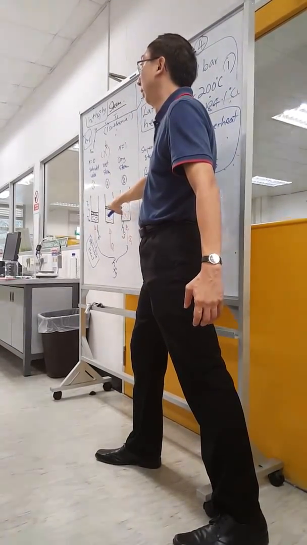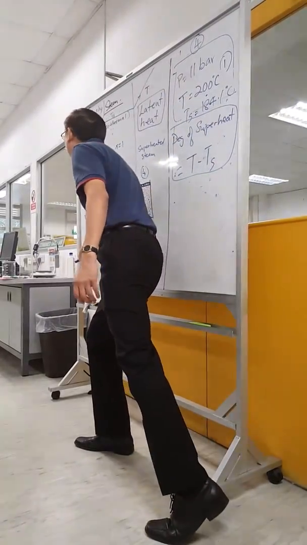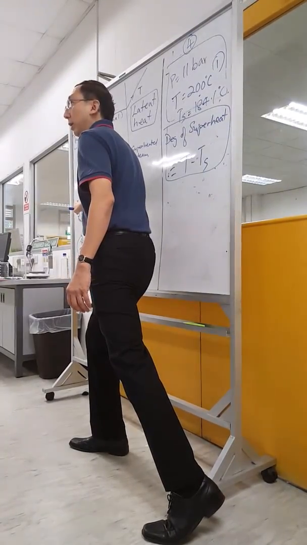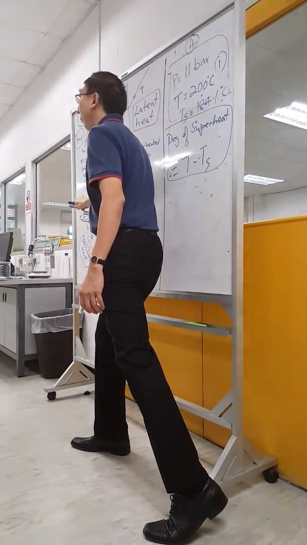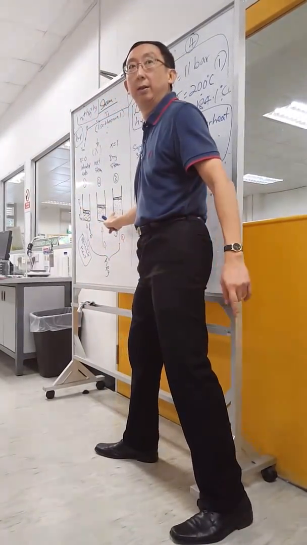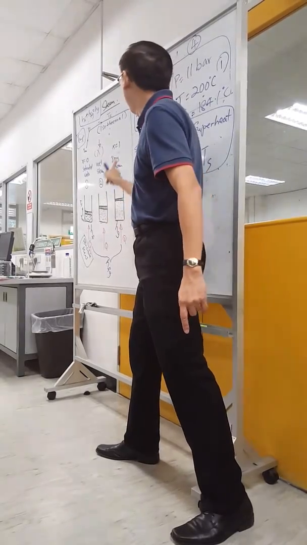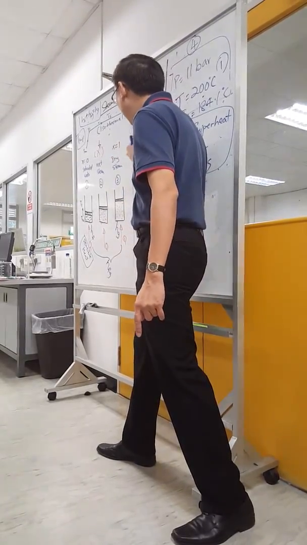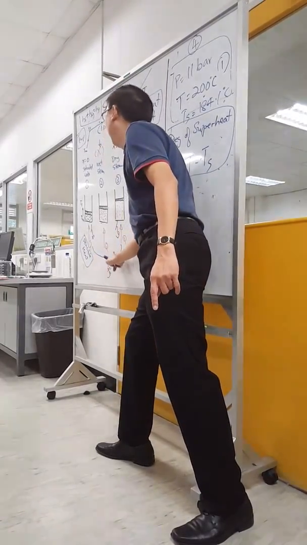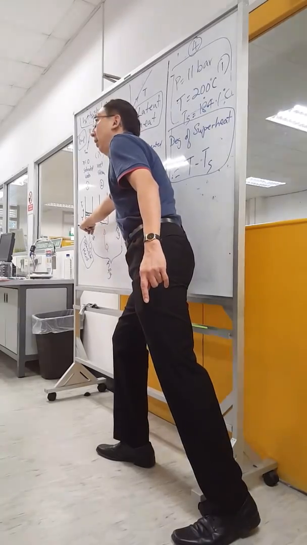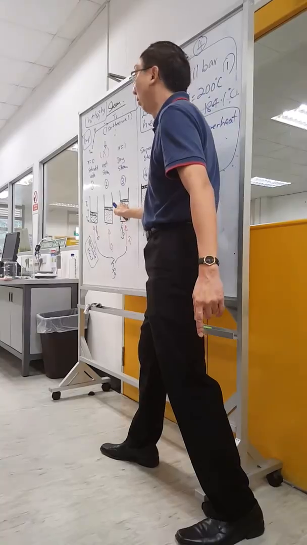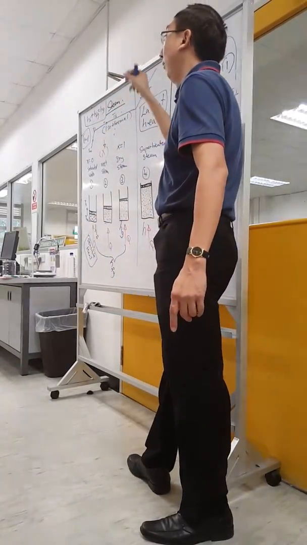Sensible heat is the heat to raise it from room temperature to boiling or saturation. Then we have latent heat of vaporization, which is here to here, to vaporize the water. Your latent heat is actually your Hfg. This amount of heat is added to raise it from wet to gas, so it is called latent heat of vaporization.